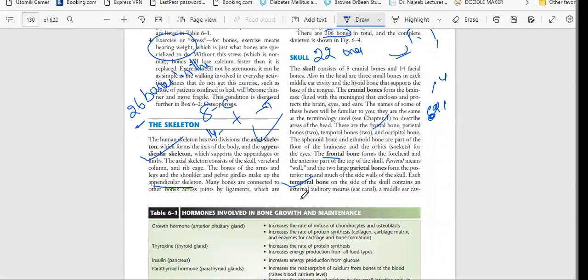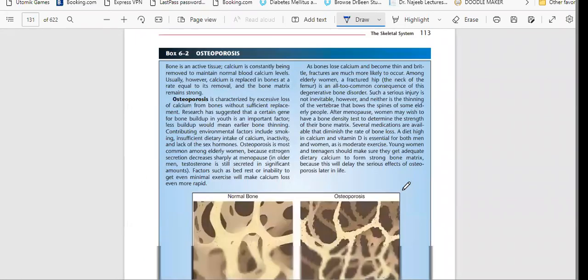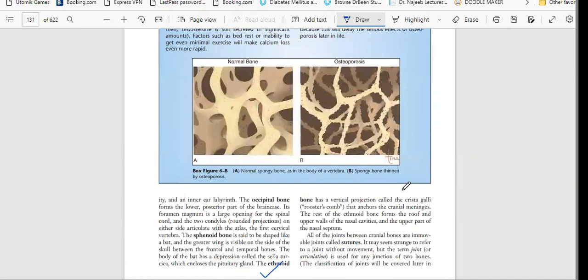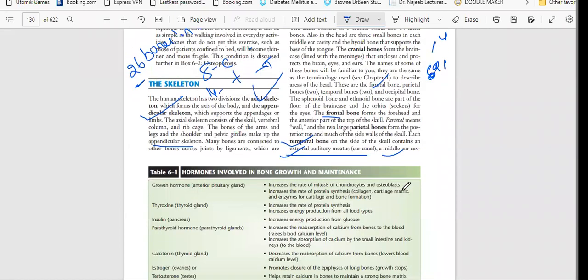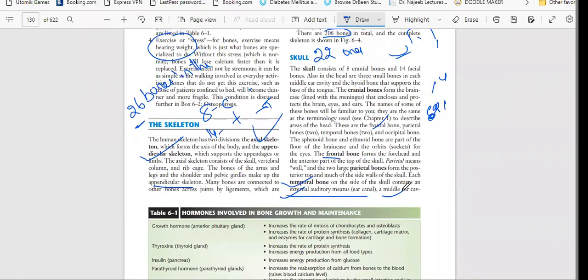It has the ear. Whatever ear structures we have, we can see in the temporal region: the external auditory meatus, the ear canal, the middle ear cavity. Everything is near the temporal region.